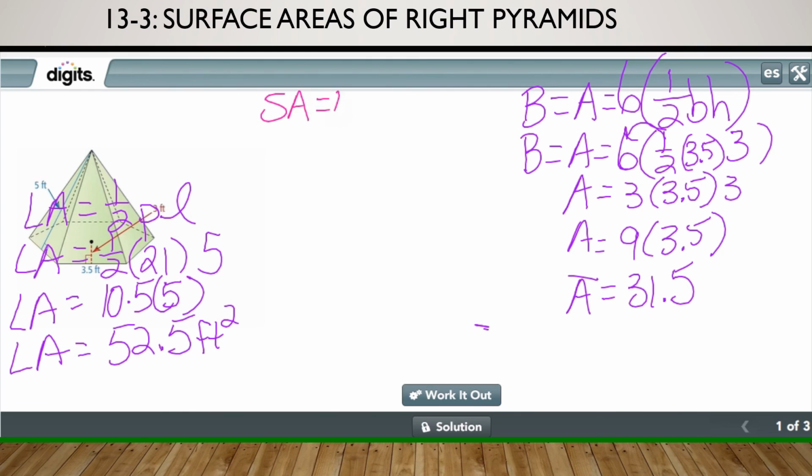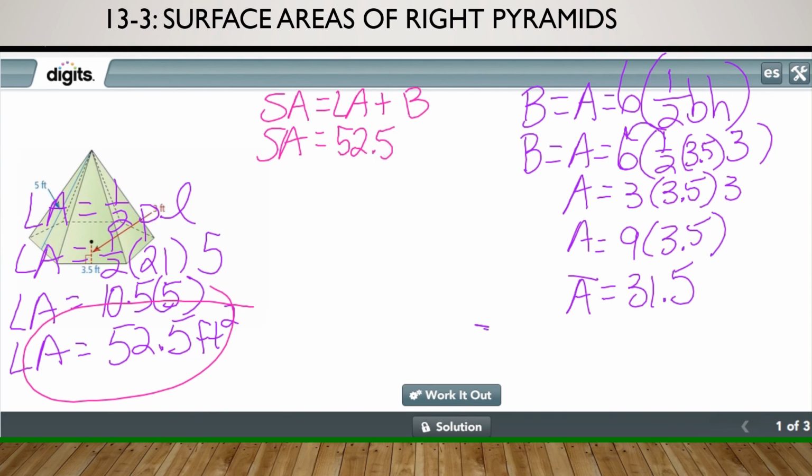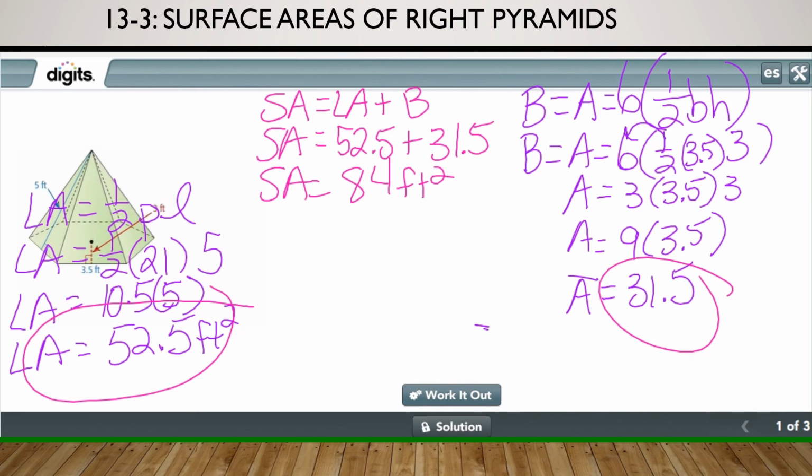Surface area equals lateral area plus the area of the base. Now we have all of this information. The lateral area is 52 5/10. The area of the base is 31 5/10. And then you add all of that together, and we end up with 84 feet squared.